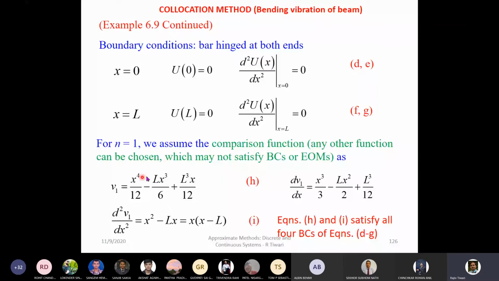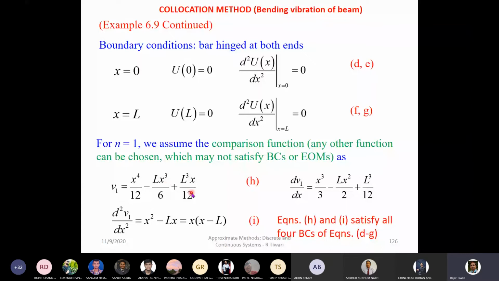Basically, this is a comparison function just for illustration, but we can choose any other function also. I advise you to choose some other arbitrary function and see how the result changes. I just wanted to check this method for the same function, how it gives the result. That's why I have chosen the same function.